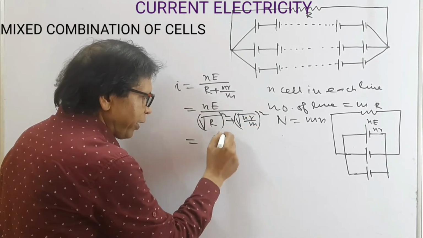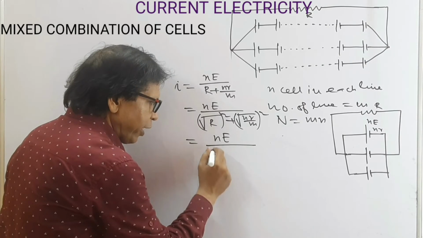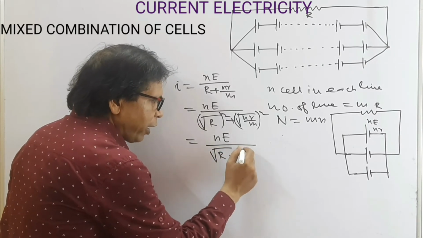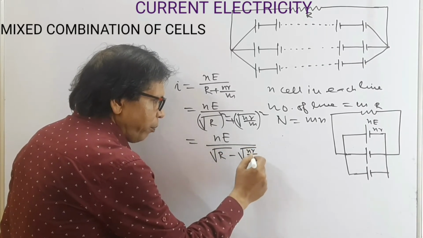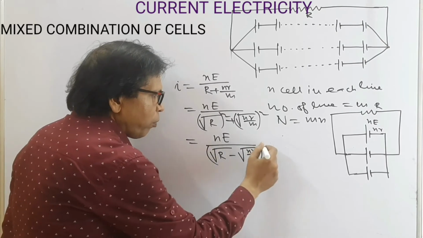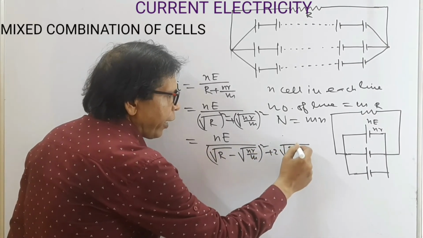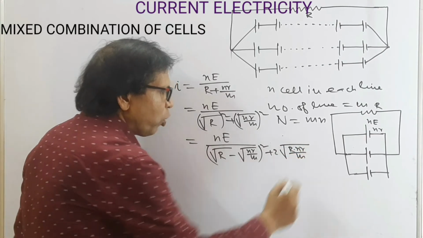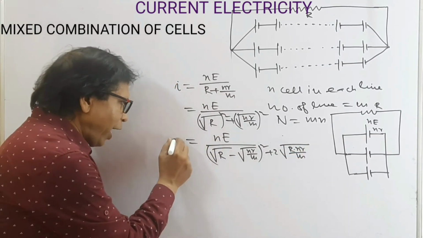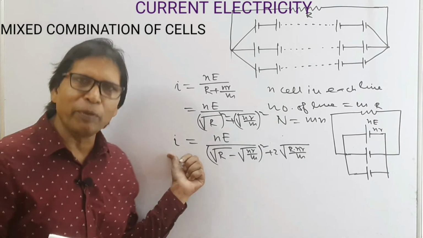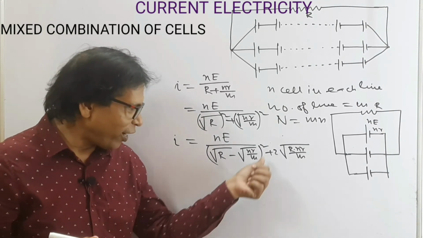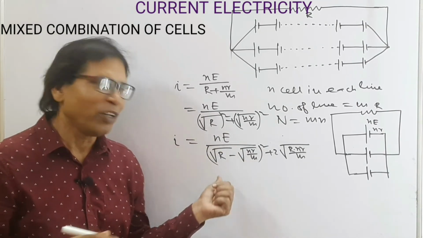Now this can be written as: (R minus nr by m) whole square plus 2 into the square root of R times nr by m. Now the current I becomes maximum when this term becomes 0.